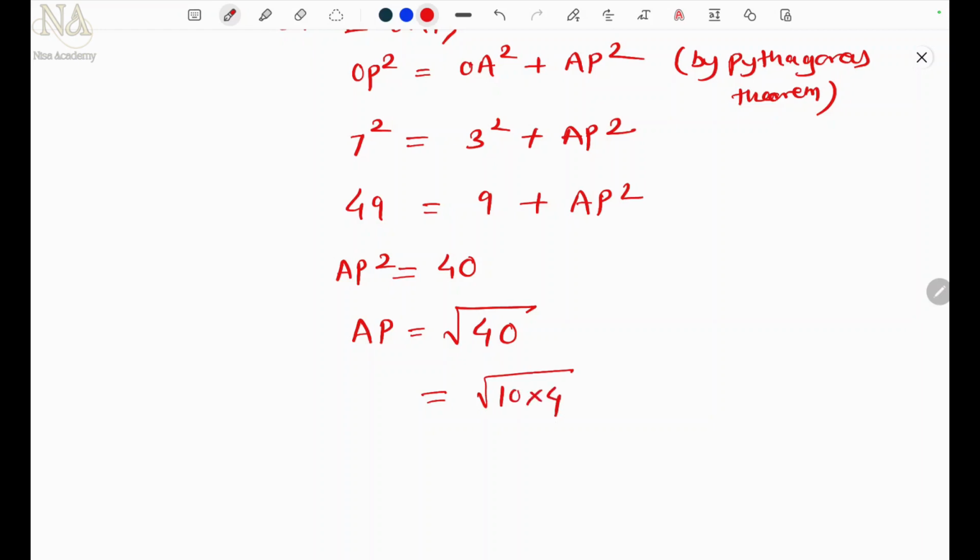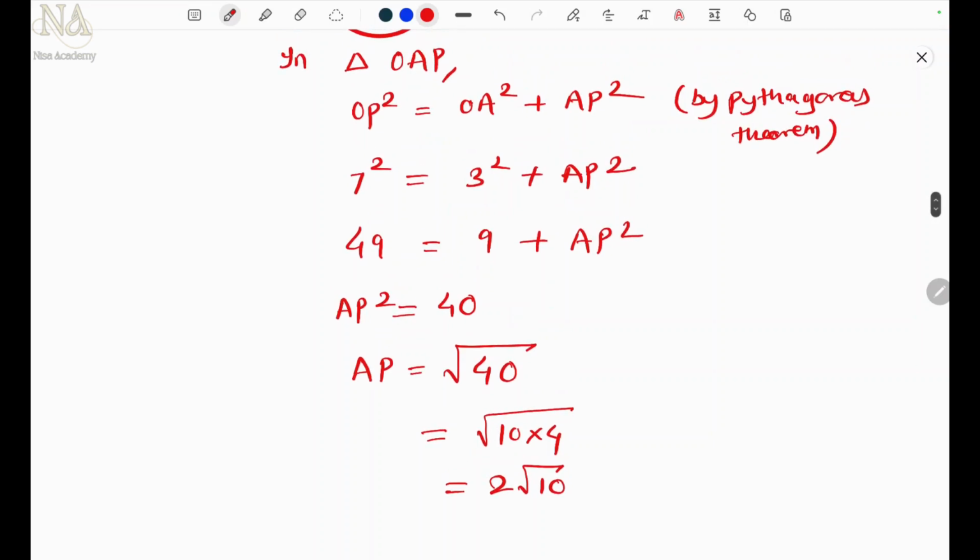Whenever you have a number that is not a perfect square, split it in such a way that one of the factors is a perfect square and the other is not. 40 I can write as 2 into 20 also, but both 2 and 20 are not perfect squares, right? That's why I'm writing 10 into 4. Why? Because 4 is a perfect square. So the square root of 4 is 2 and this is 2 root 10. So AP is 2 root 10.